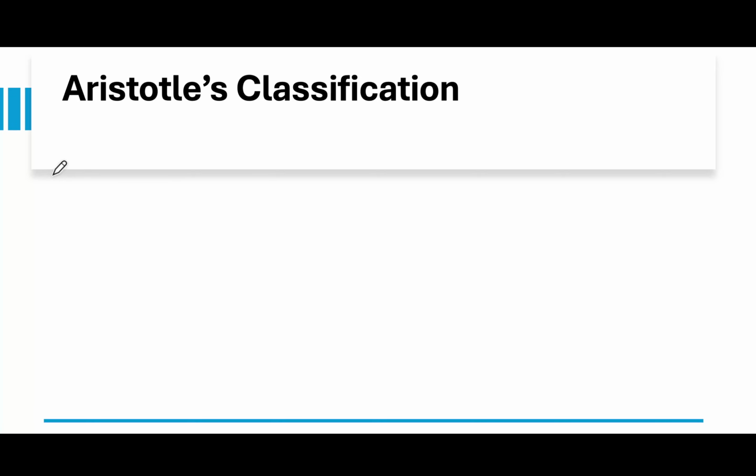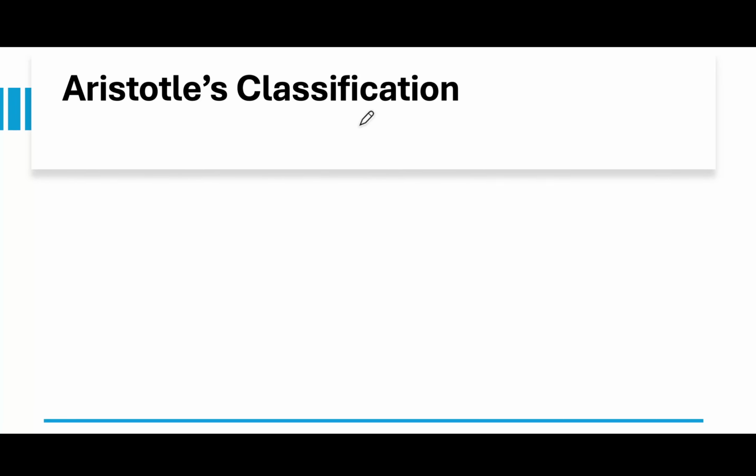So let's come to the very first scientist, named Aristotle. Around 2000 years ago, Aristotle was the first librarian of the living world, meaning he categorized animals and plants based on certain criteria and characteristics.